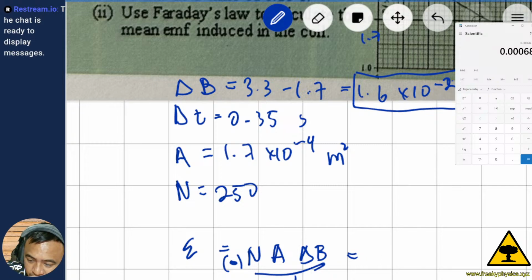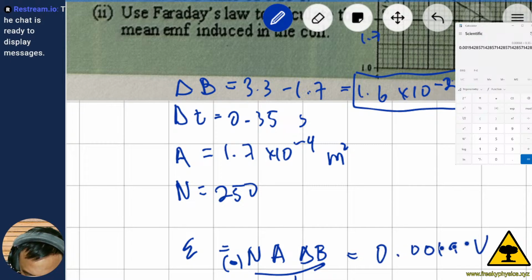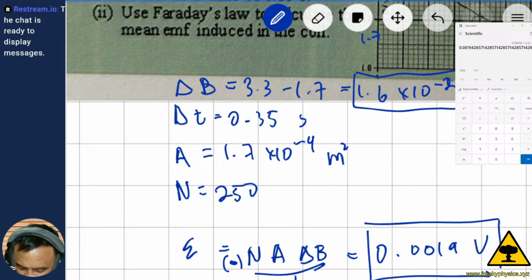Divided by 0.35, and that's our final answer: 0.0019 volts. That is a very small number, but we do have very small numbers to deal with, so that's fine.